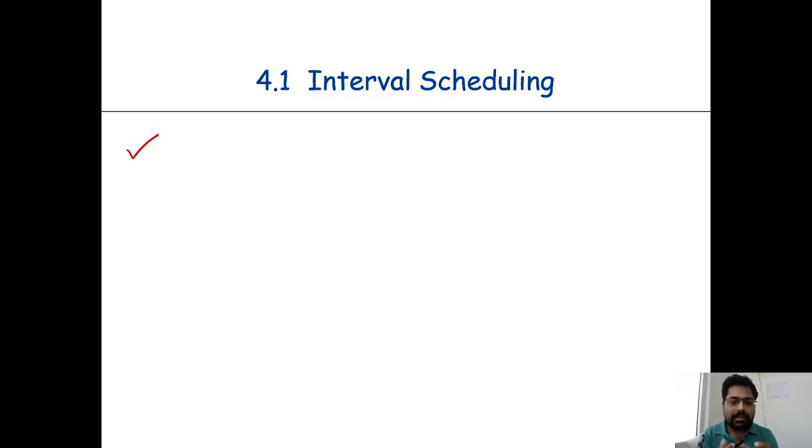Within a certain classroom we cannot hold two or three lectures at the same time as an offline class. This is not possible. So to avoid that, we schedule each job or task in such a way that there is no problem. To avoid the problems, we set an algorithm based on the greedy approach, which we are going to study.